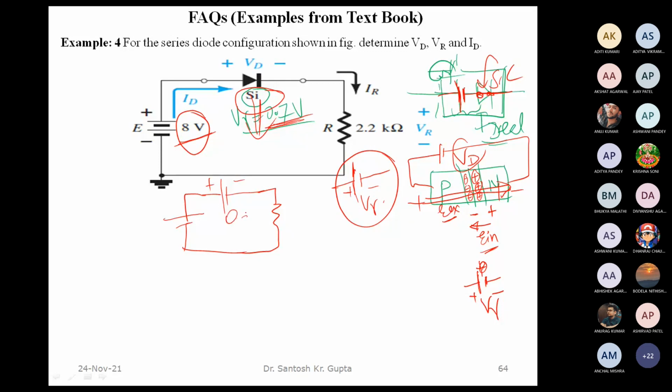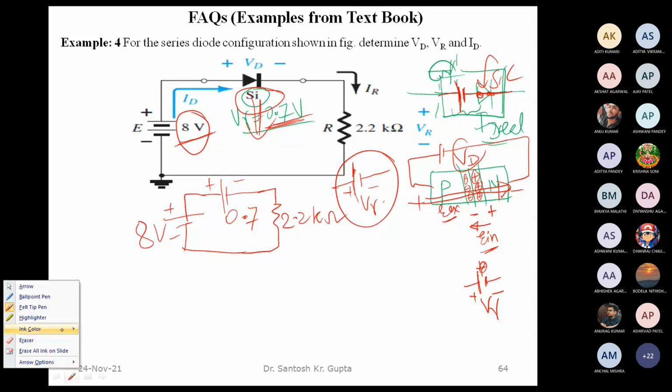So we have this equivalent circuit now: 0.7 volt, an 8 volt battery with this polarity, and a 2.2 k ohm resistance. Now our circuit is very simple, which can be tackled efficiently.